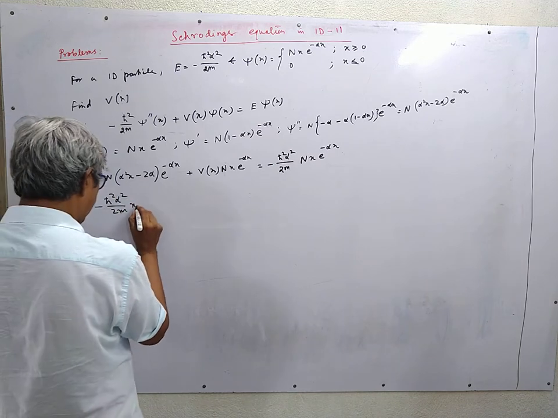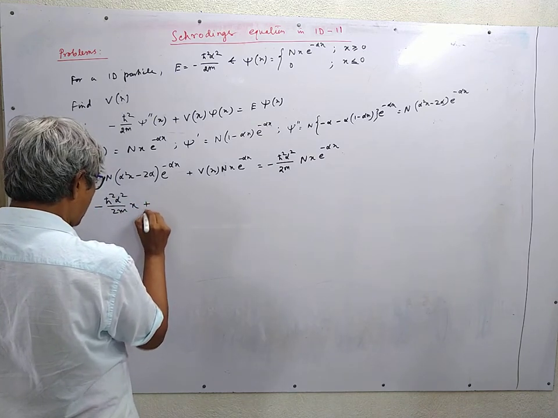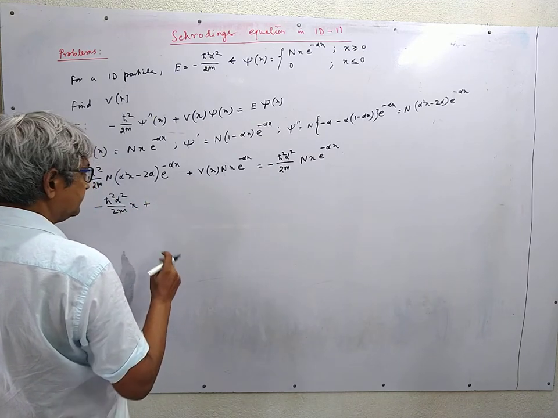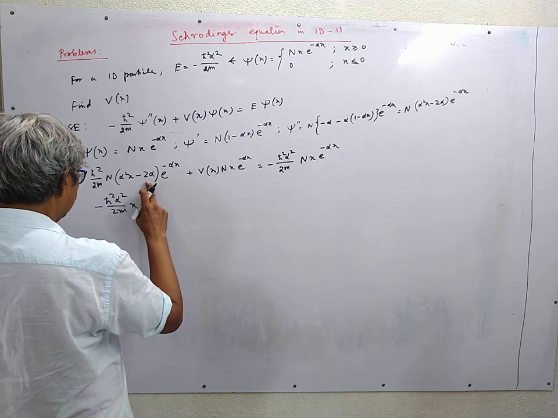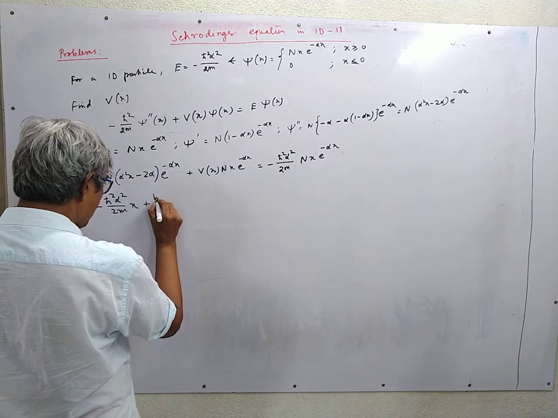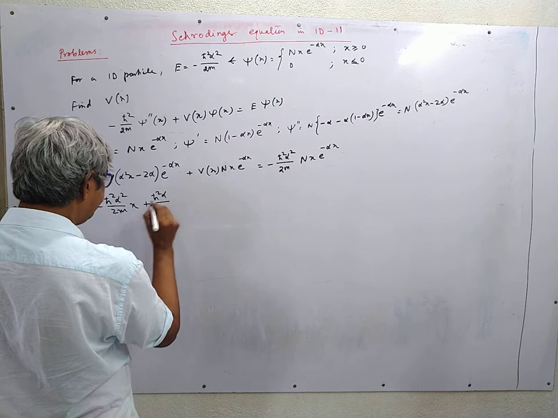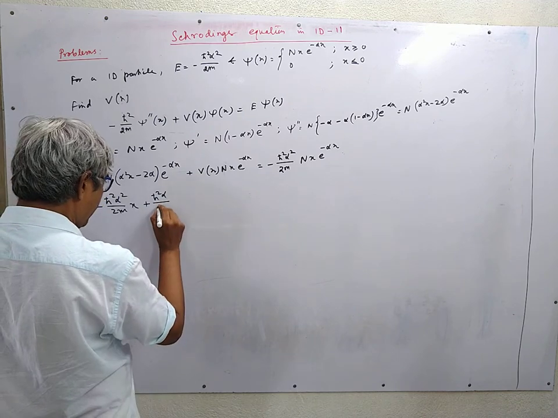Then this term is plus h-bar squared alpha by m x.